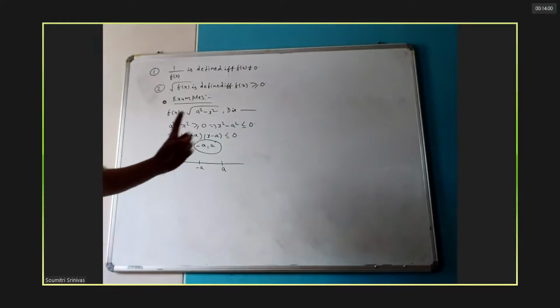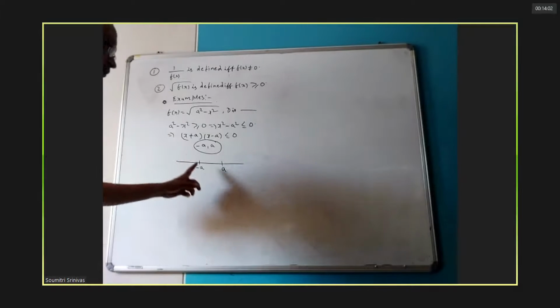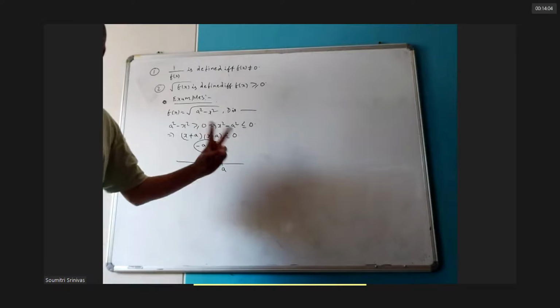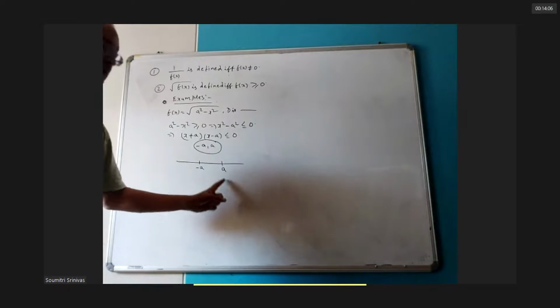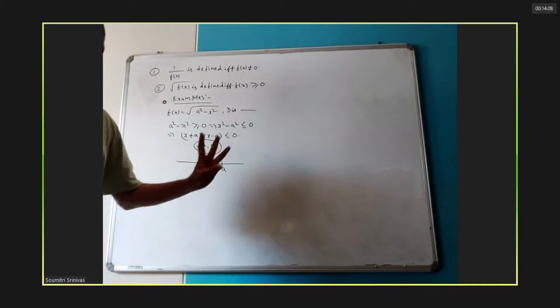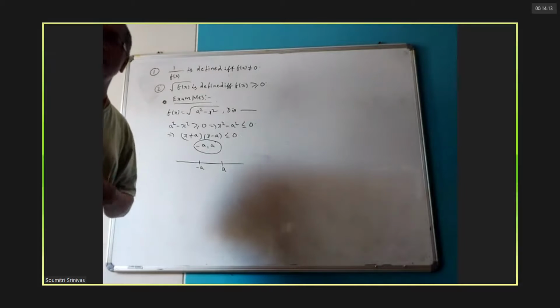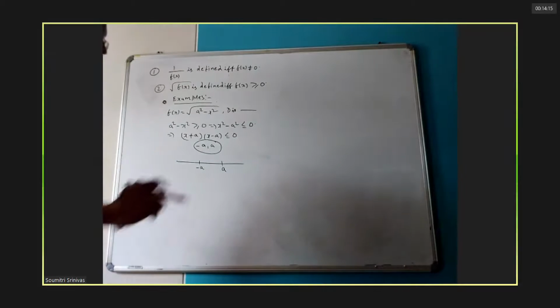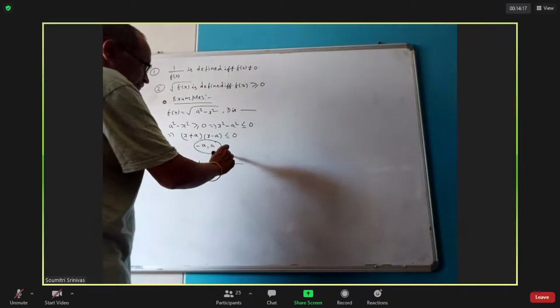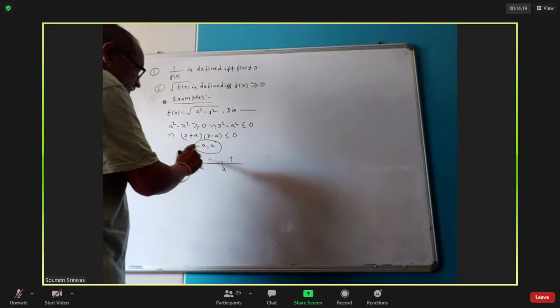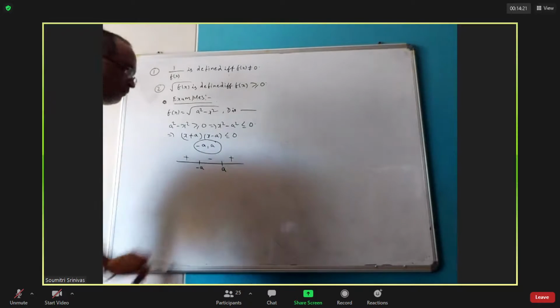टुकड़ा नंबर 1: minus infinity to minus a. टुकड़ा नंबर 2: minus a to a. टुकड़ा नंबर 3: a to infinity. कहां से स्टार्ट होता है? एक्सट्रीम राइट इज ऑलवेज पॉजिटिव. उसके बाद नेगेटिव. उसके बाद पॉजिटिव.